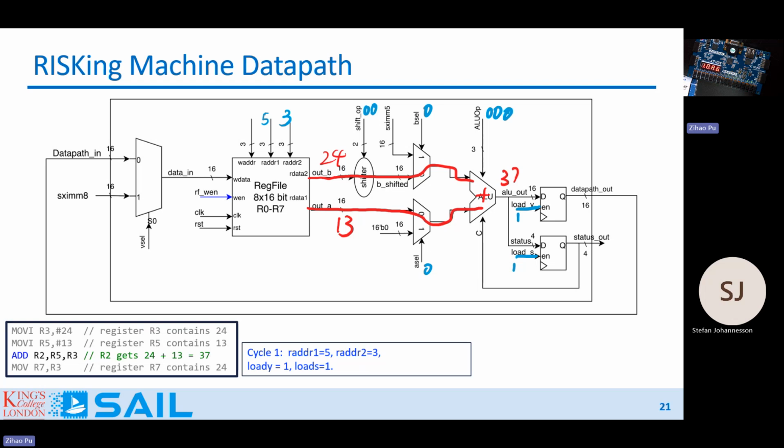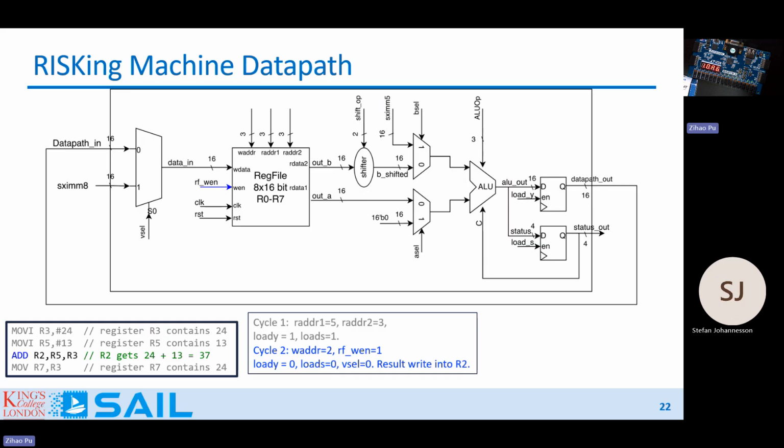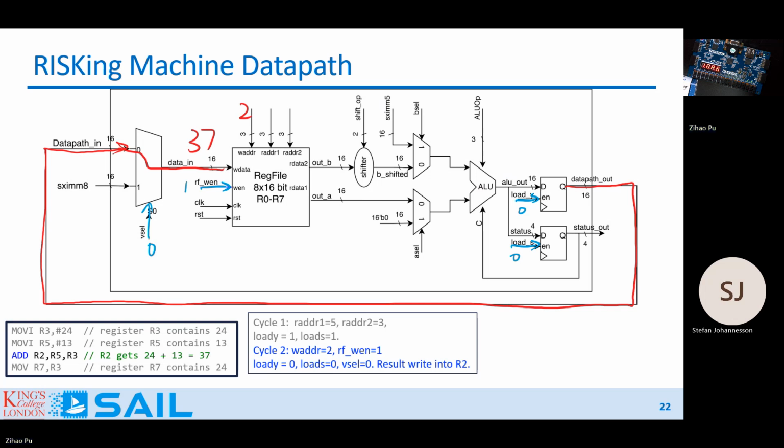So the right number goes into ALU. So this happens in one cycle, and at this cycle you have to set load Y and load S to be 1 because the result, which is 37, will be written into ALU out in the next cycle. So next cycle, we set our write 2, R in 1, load Y equals to 0, load S equals to 0, because we want to keep the register data, the output registers, to make sure they maintain the results.